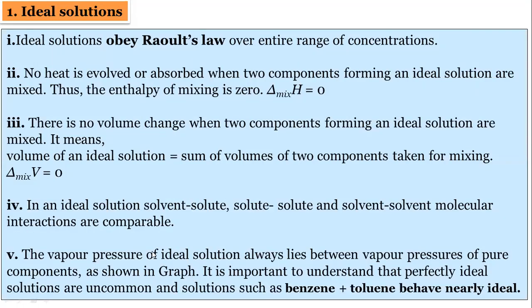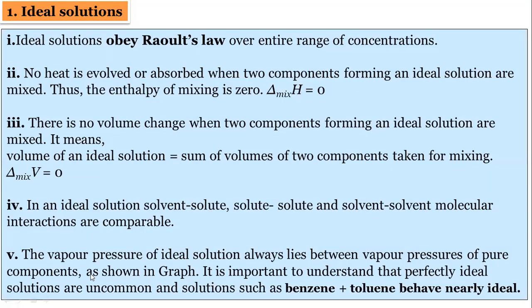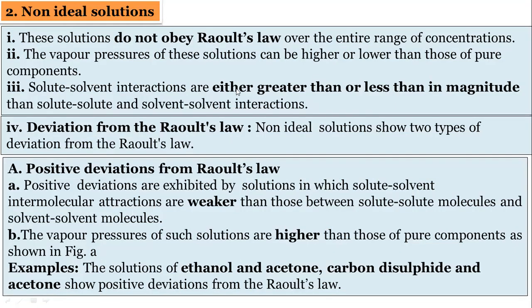In an ideal solution the vapor pressure always lies between the vapor pressures of the pure components, but in a non-ideal solution it cannot lie between them. This is the main change. So the solute-solvent interactions are either greater or less in magnitude than the solute-solute and solvent-solvent interactions.